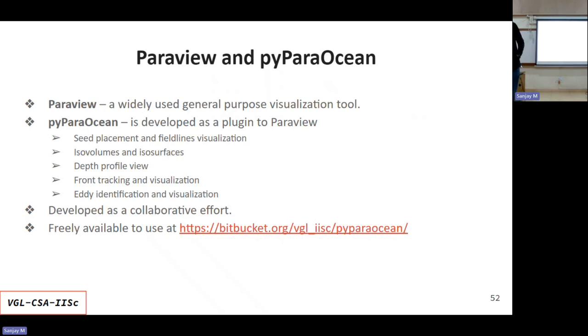ParaView is just a general purpose visualization tool, and we create a plugin on it specifically for oceanography visualizations. This has many components and functionalities, but with our work, we provide this front tracking visualization functionality. This tool is again a collaborative effort and it's freely available to use.